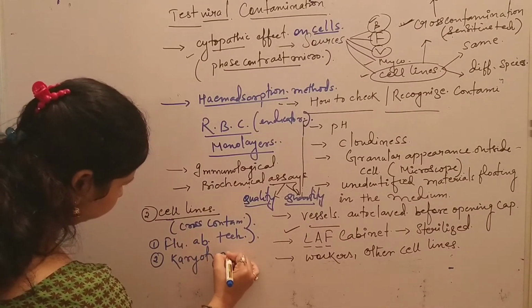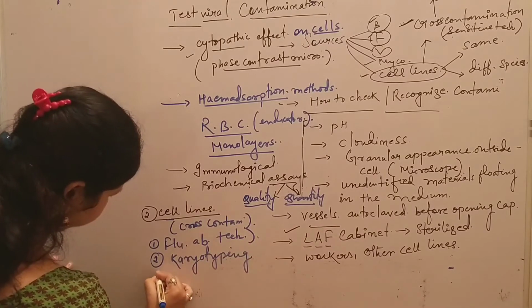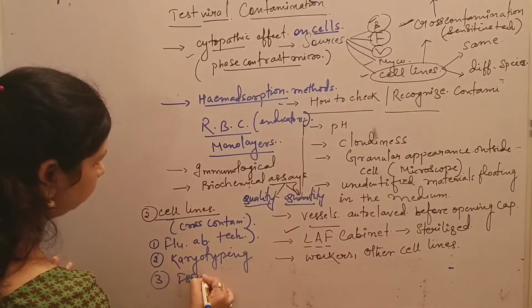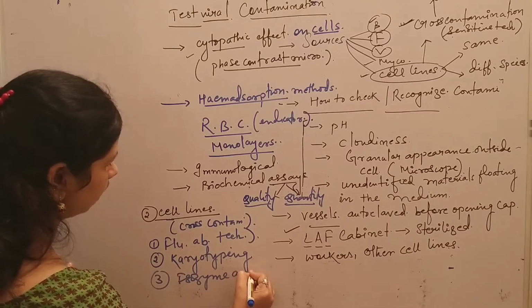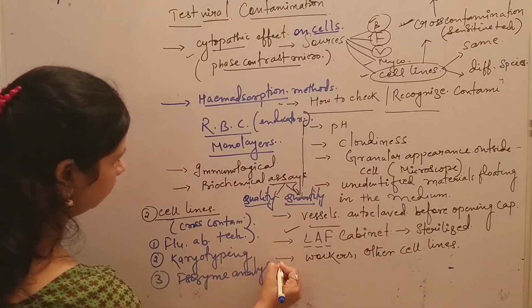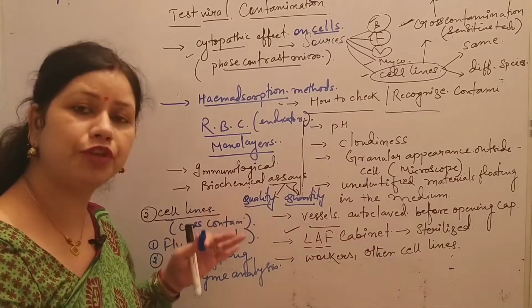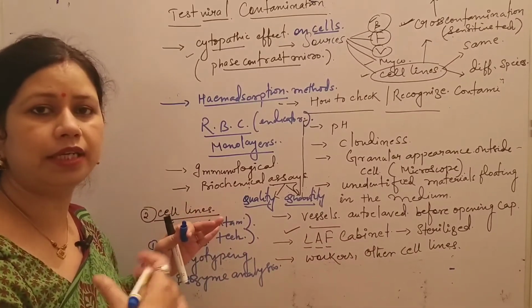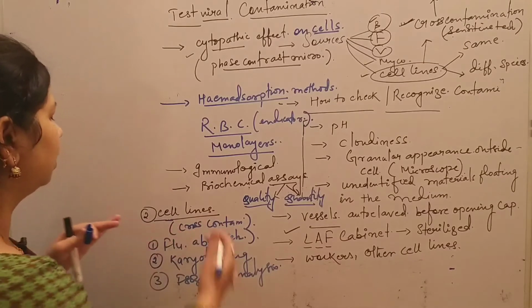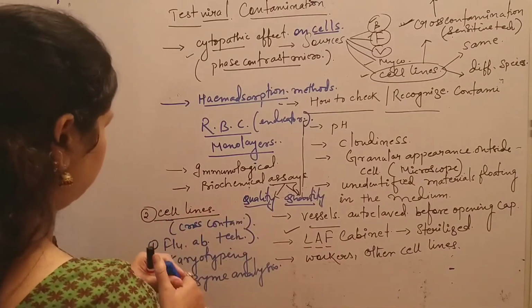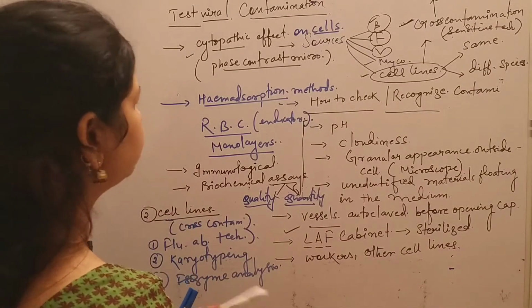These are different techniques by which we can detect, identify, or be sure about cross contamination during the animal cell culturing method.